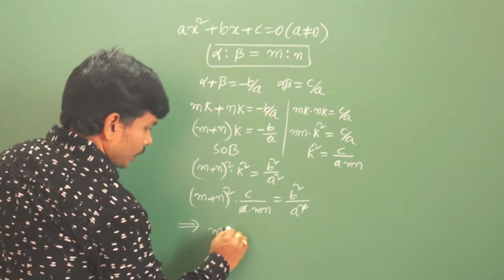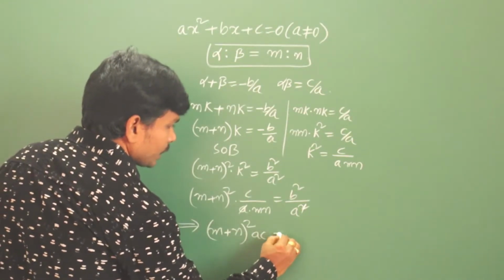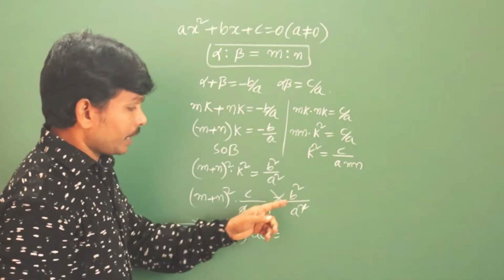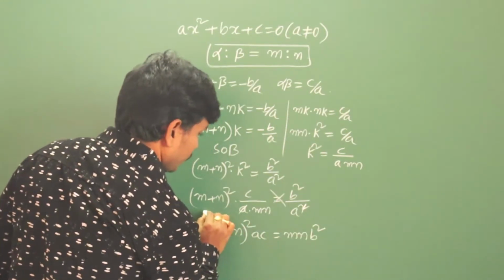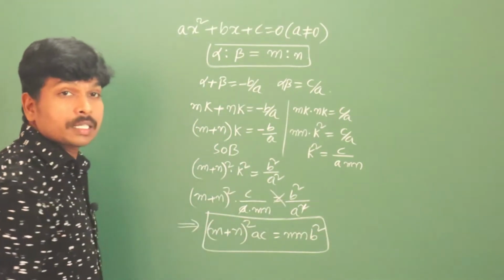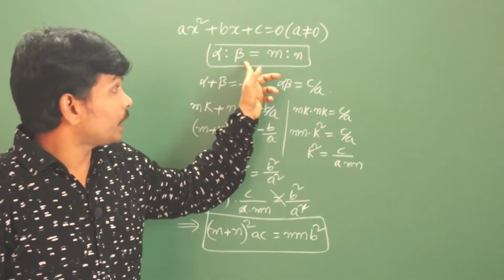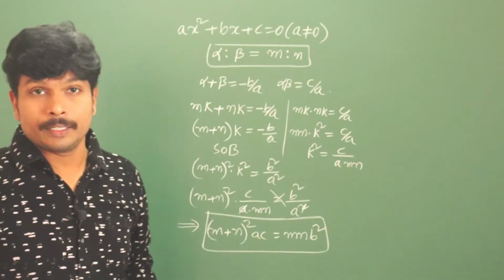So m plus n whole square into ac is equal to, cross multiply, mn into b square, mn b square. So this is the condition when roots alpha is to beta is equal to m/n. Then this is the condition.